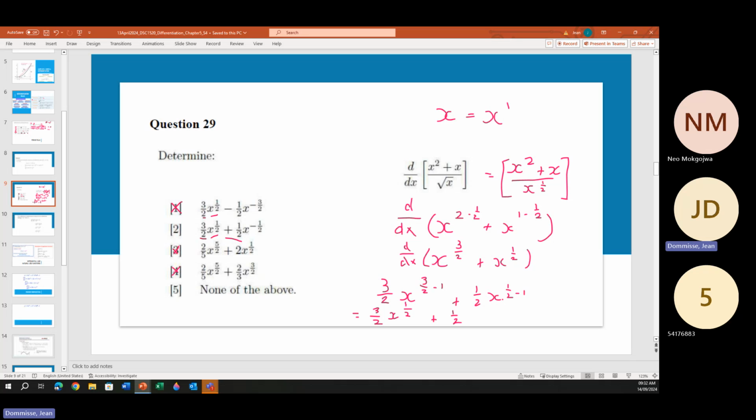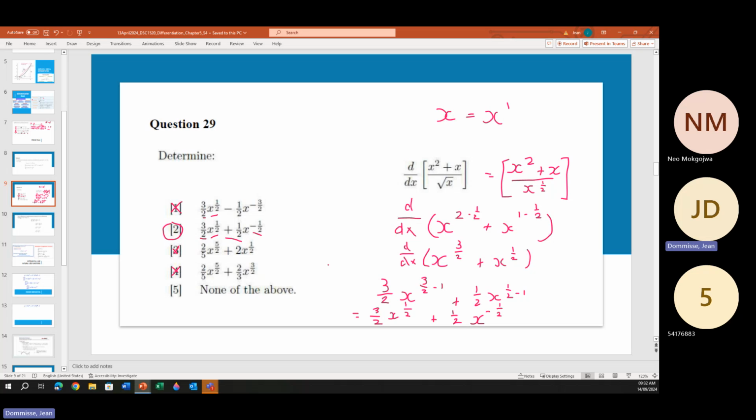And then if I take a half minus 1, that will be minus a half, which we see here. So our final is option 2.